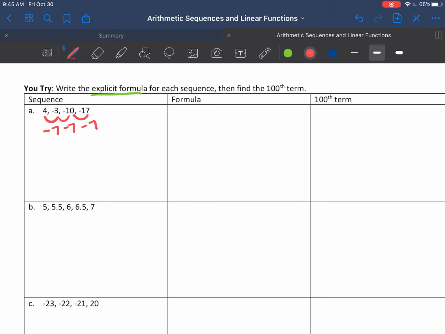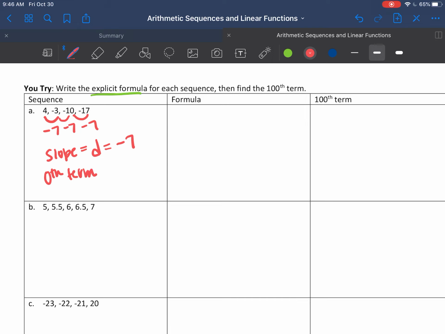And then if I subtract 7 again, that gets me to -10. If I subtract 7 once more, that gets me to -17. Okay, and so the slope or the common difference, I'll just use d, is -7.